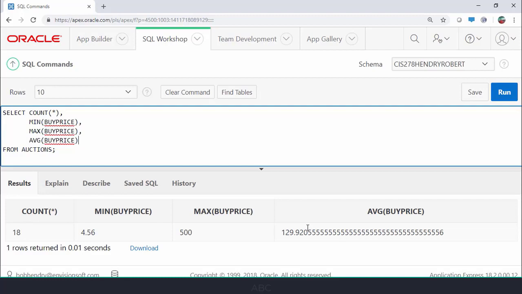We're not interested in looking at each individual record. What we want to see is aggregations of them. Or in this case, how many do we have, what's the minimum, what's the maximum, and what's the average.